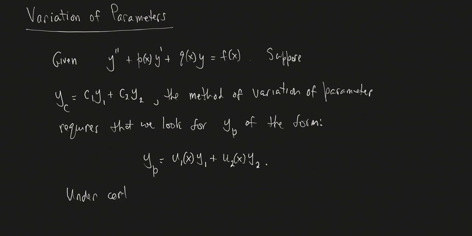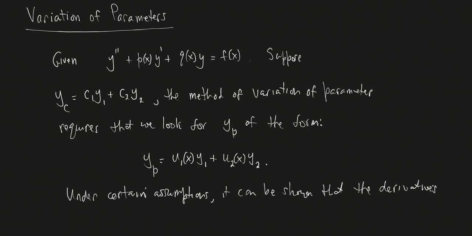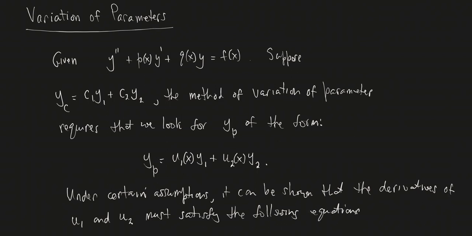Under certain assumptions, it can be shown that the derivatives of u1 and u2 must satisfy the following equations, or you could say system of equations, because it is going to be a system.